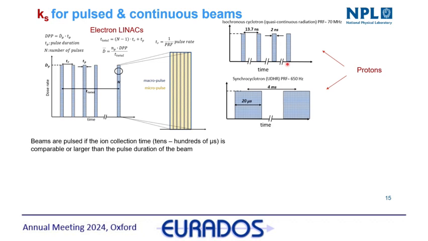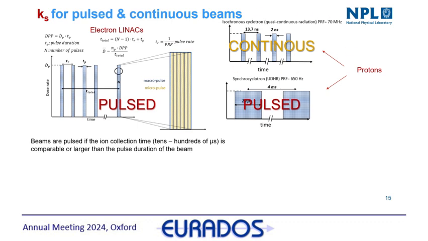But from the point of view of ionometry, beams are considered to be pulsed if the pulse is comparable or larger than the pulse duration of the beam itself. So if you look at those different temporal beam structures, the electron beam is a pulsed beam from the point of view of ionometry, as well as the proton beams accelerated with cyclotrons.